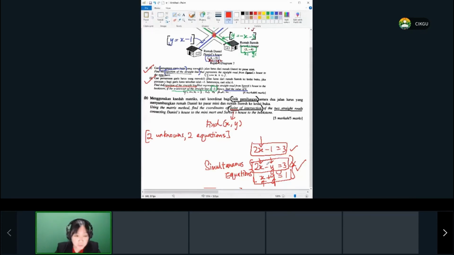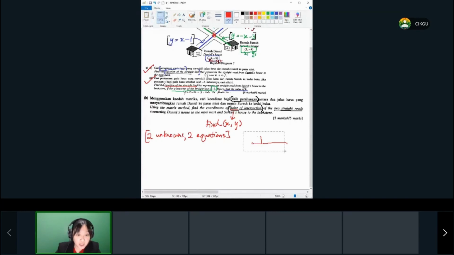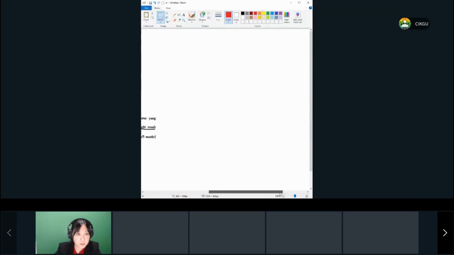Before I solve simultaneous equations with the matrix method, which is what this question is asking for, I just want to point out that for simultaneous equations you have three ways to solve.